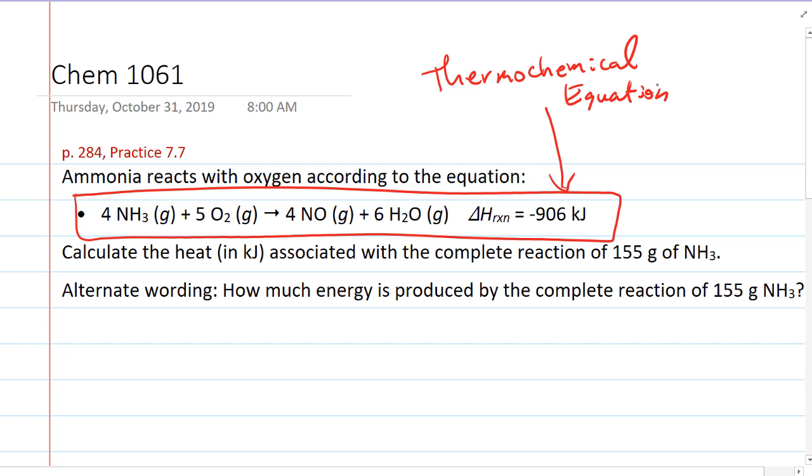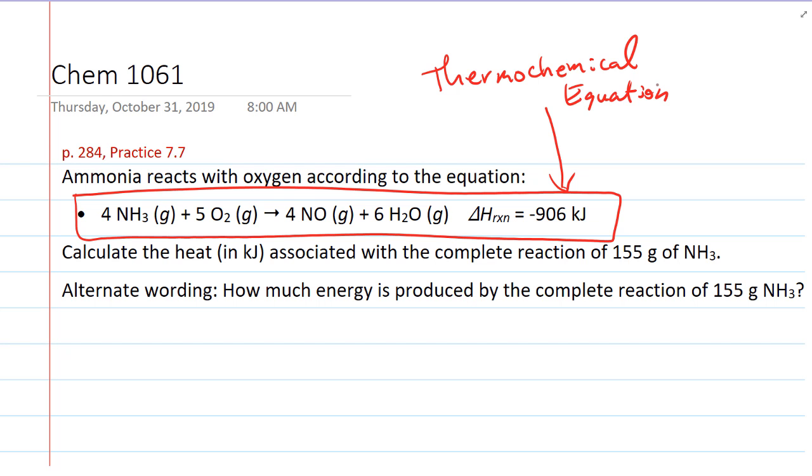A thermochemical equation is a balanced chemical equation which also has the change in enthalpy associated with that reaction. And the assumption is that these coefficients stand for units of moles, and this here is the energy associated with this chemical equation in terms of units of moles.